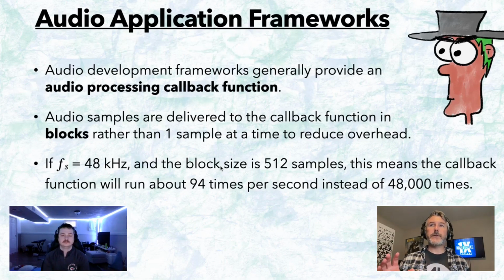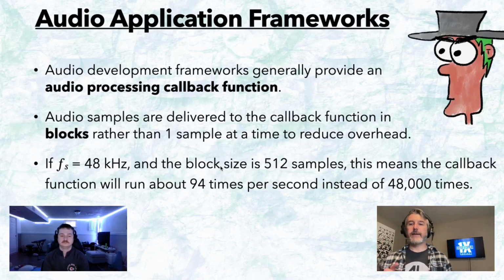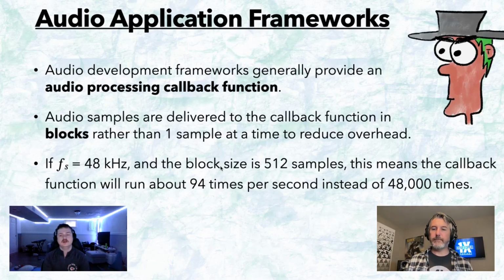Blocks of samples, it should be noted, are defined by the user. You can usually define those in your DAW. So the user gets to decide the size of those chunks. What informs that decision? Why would I say I want more samples or a bigger block size? Fewer samples means more responsive but more CPU usage.